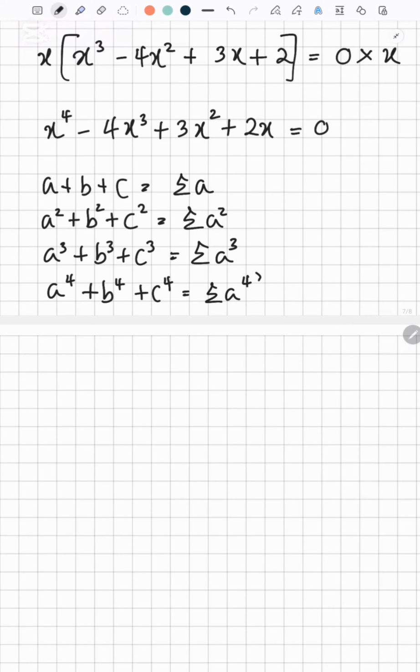So you can put these instead of your x terms here. That's the rule.